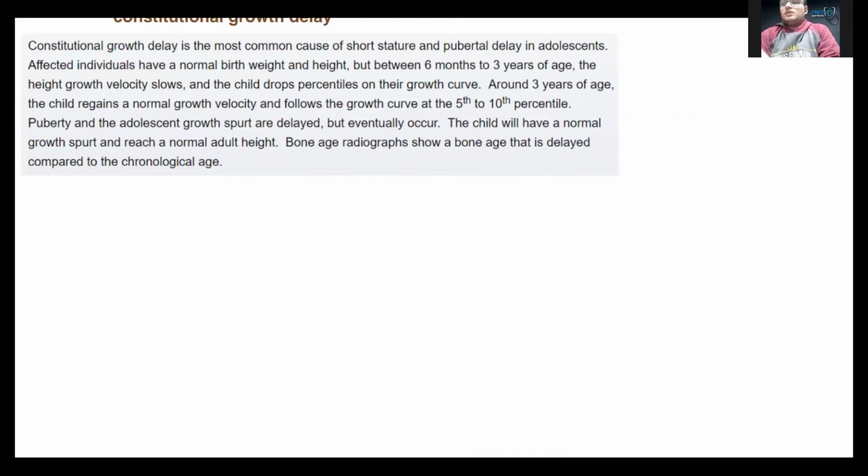Reassurance. So the answer will be reassurance, as there is only short stature. It starts at 6 months to 3 years of age, the growth velocity slows, and the child drops percentiles on the growth curve. But around 3 years of age, the child regains normal growth velocity and follows the growth curve at the 5th to 10th percentile.